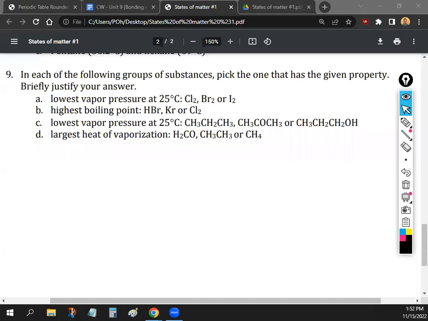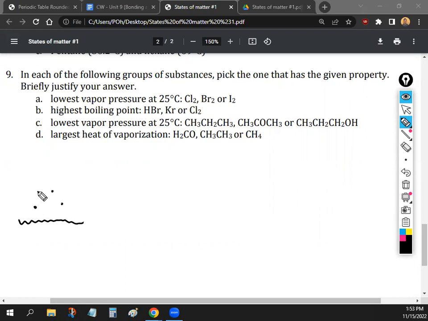Let's start with 9A. We want to figure out which one of these 3 has the lowest vapor pressure. Before we get into that, let's talk about what vapor pressure is. Vapor pressure is when you have some kind of liquid, and the molecules inside of that liquid automatically turn into vapor.